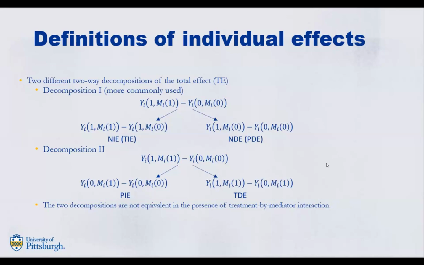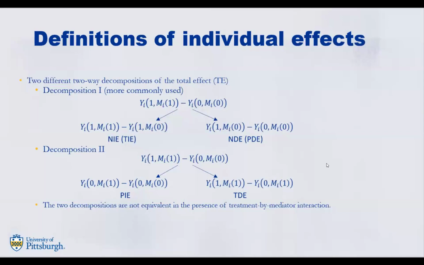That means when the treatment-induced change in the mediator affects the outcome differently under the two treatment conditions, the two decompositions are different. However, if there's no treatment by mediator interaction, that means the treatment-induced change in the mediator affects the outcome in the same way under two treatment conditions, then the two decompositions are exactly the same.